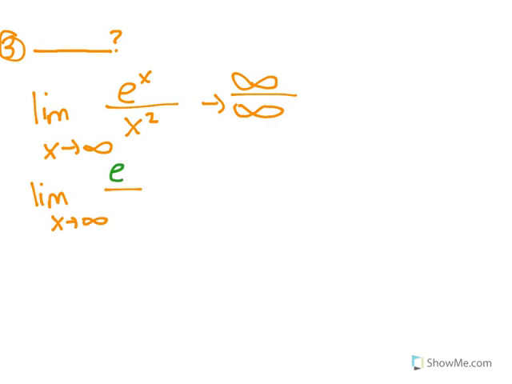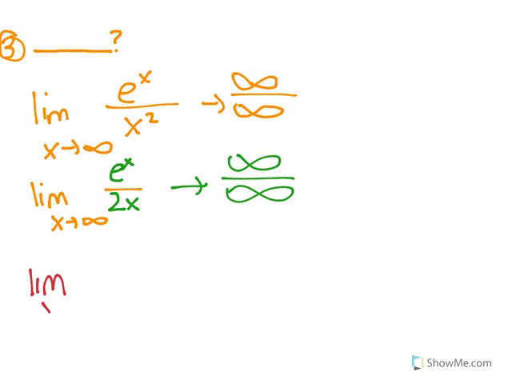Derivative of e to the x is e to the x. Derivative of x squared is 2x. Put in infinity. Infinity over infinity again. Last time around. Oh, I told you it was the last time, didn't I? Derivative of the top is e to the x. Derivative of the bottom is 2.